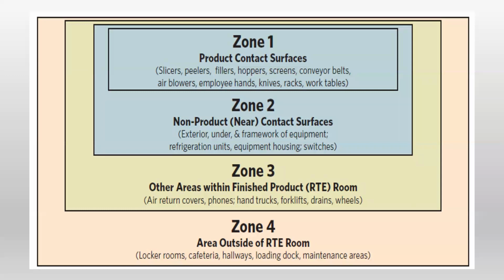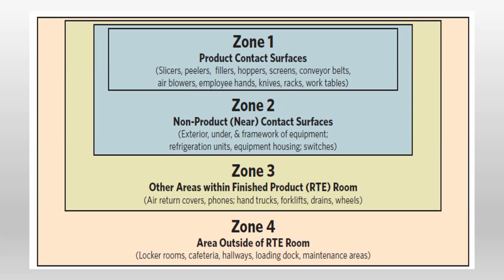That can include the exterior and underneath of the framework of equipment that produces food, refrigeration units, equipment housing, and the switches near the production line. And zone 3 covers the other areas within the finished product room, which can include the air return covers, phones, hand trucks, forklifts, strings, and wheels.